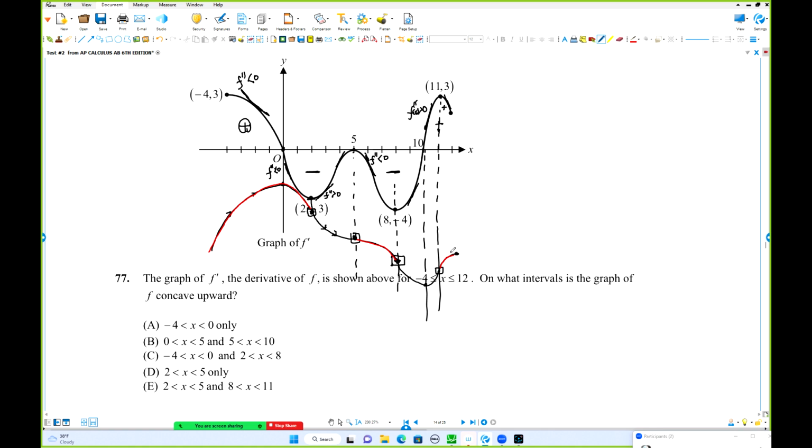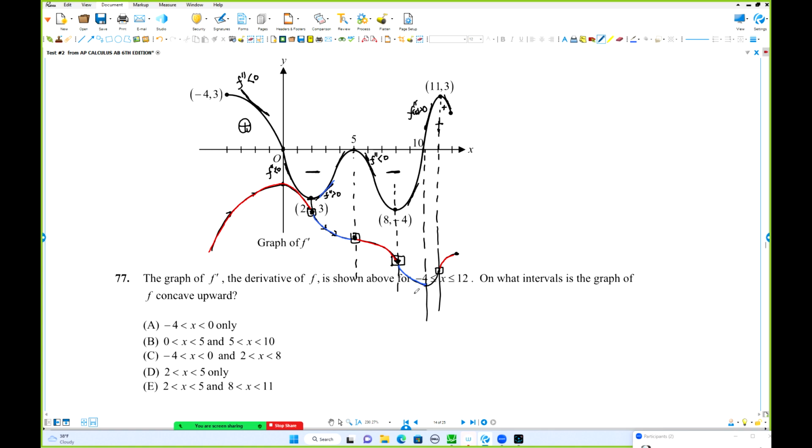Which interval is the graph f concave, oh I'm sorry, concave upward. Okay, up. It's not concave down. Concave up is what? Here and here, right? Concave up because their slope is positive. Here concave up, right? Only two sections.